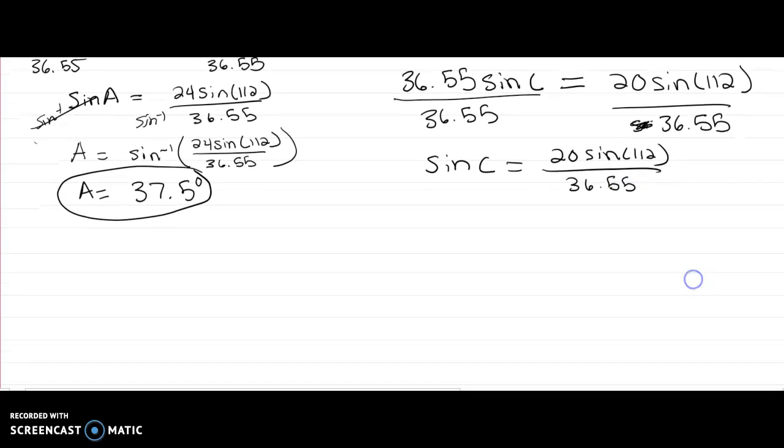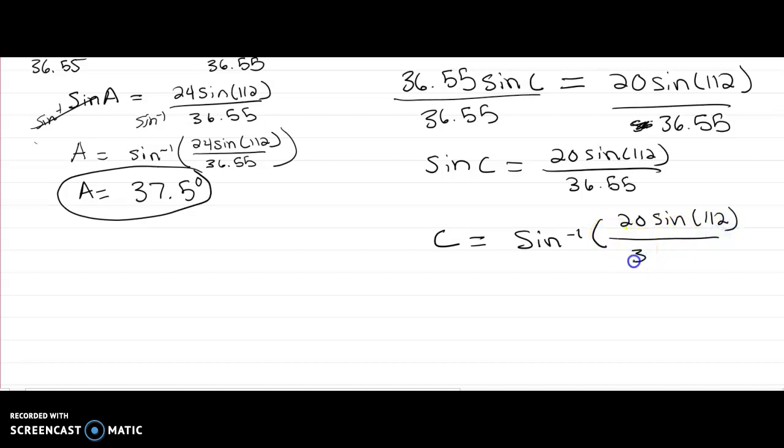Okay, same thing for this one. I'm going to use the sine inverse. So I get C is equal to the sine inverse of 20 times sine of 112 over 36.55.